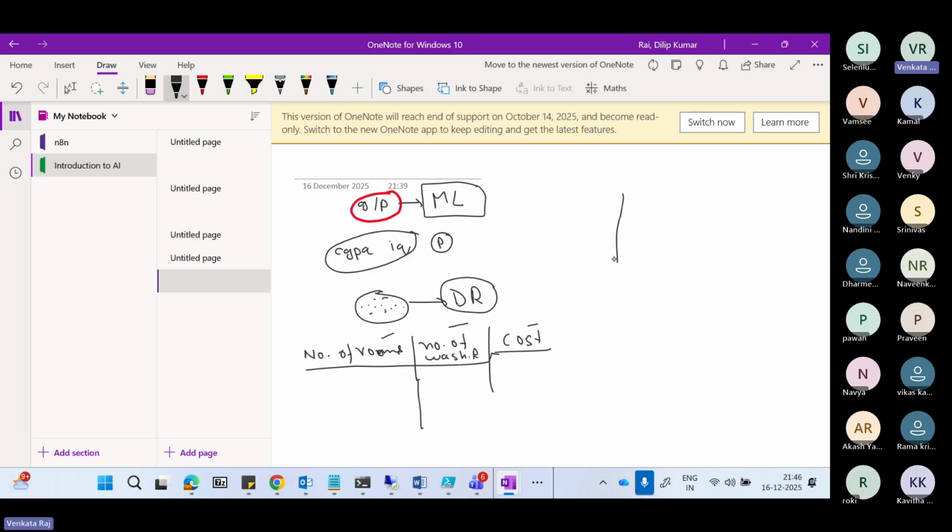So it will put number of rooms and number of washrooms on two axes and the cost on the third axis. So it will try to draw a plot. A plot would be a 3D plot, maybe a plane, to find a relationship between washrooms, rooms and cost.